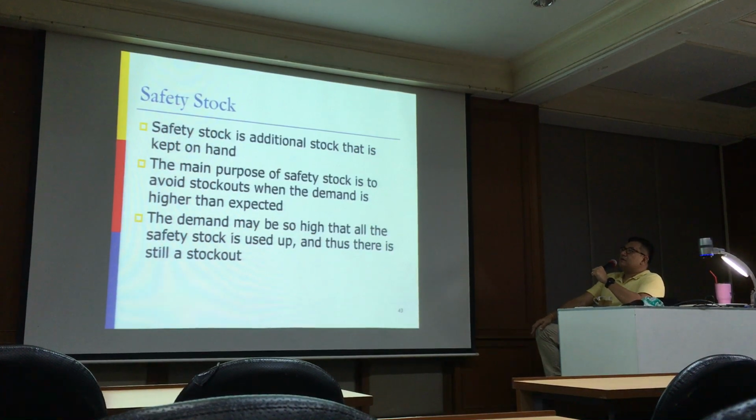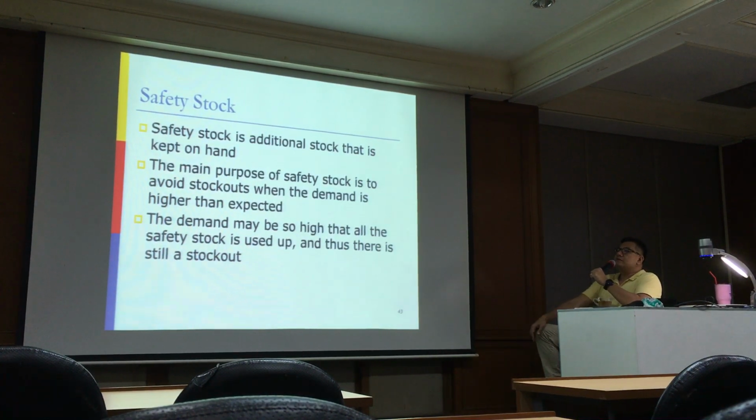So the safety stock is the additional stock that we keep on hand to support demand that is higher than what we expect. But anyway, if the demand is very high or too high, the safety stock is used up, and we're going to have the problem of stock out for sure.